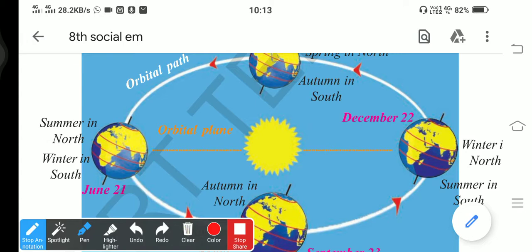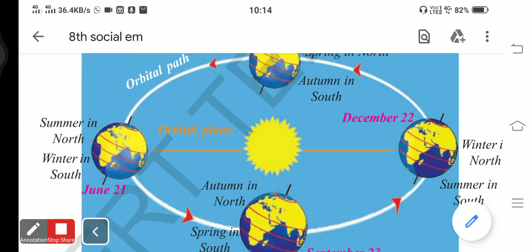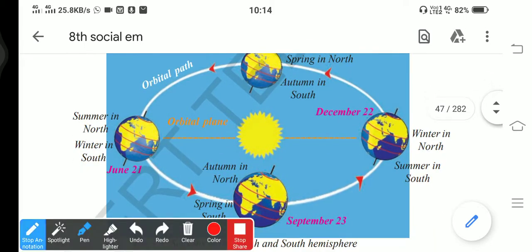This axis, the imaginary line connecting the north and south of the earth, is bent, right? Always, in all the positions. Have you observed here? In all the positions, the axis is tilted: on March 21st, June 21st, December 22nd, and September 23rd.